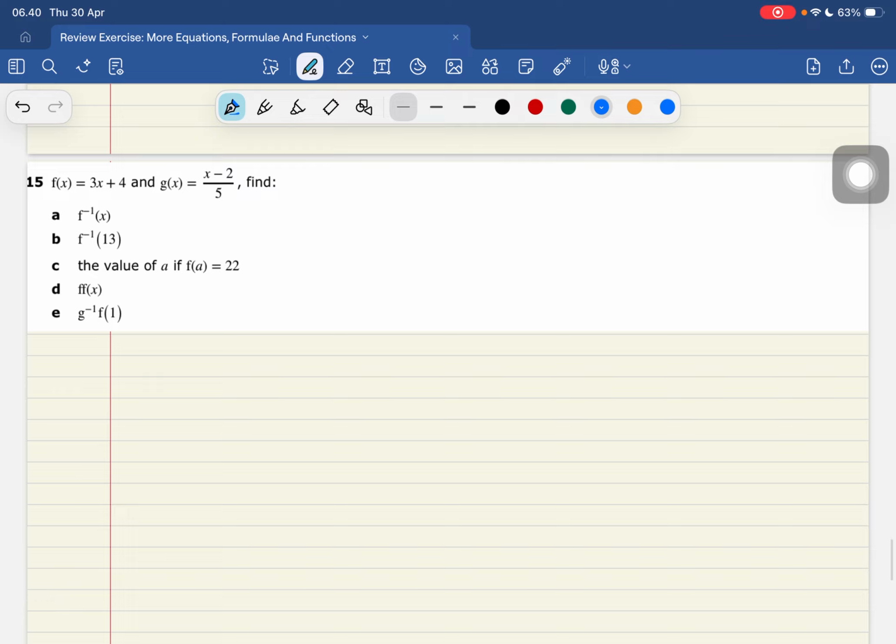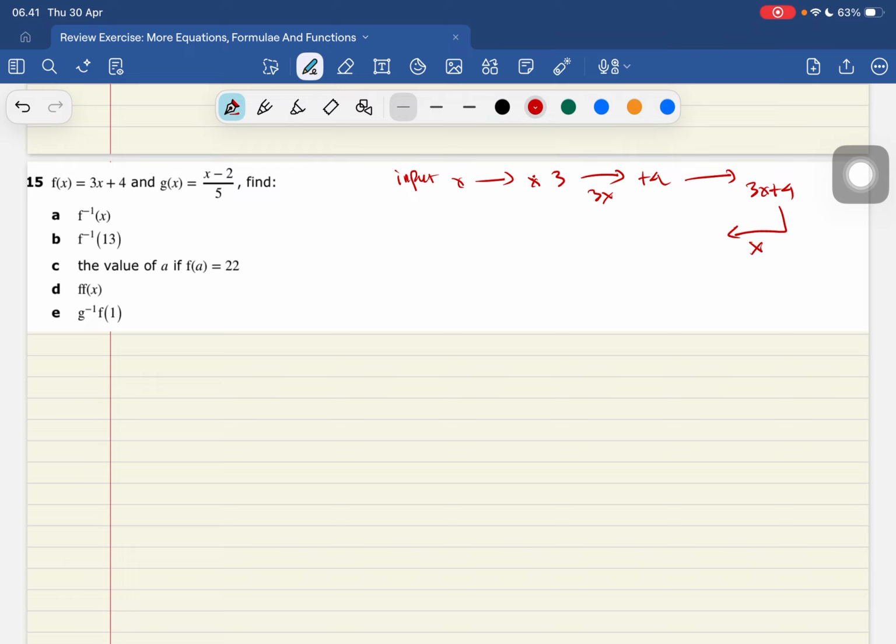Okay, 15. Find f inverse. Look at the f. The input is x. What happened to x? They multiply it by 3, so they got 3x and then plus 4. So the output is 3x plus 4. Now we make it reverse.